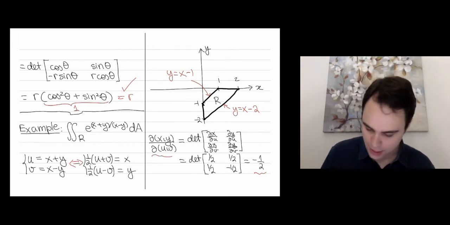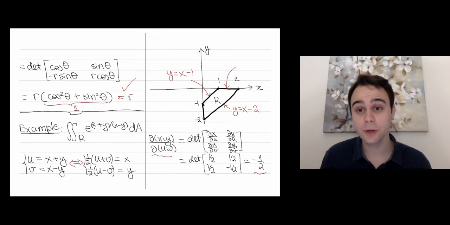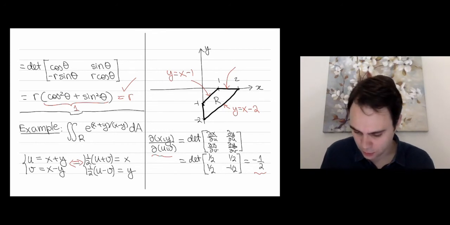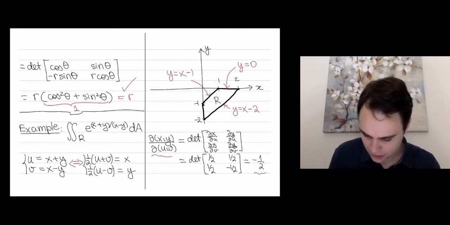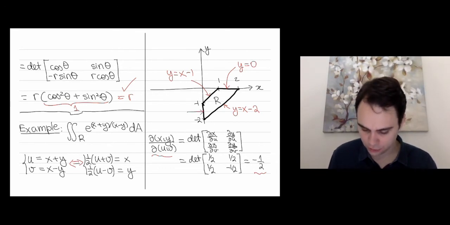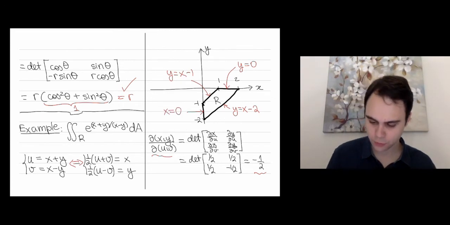All right. How about this side over here? This one has an easy equation, y equals 0. And finally, this side over here is just part of the y-axis that has equation x equals 0.